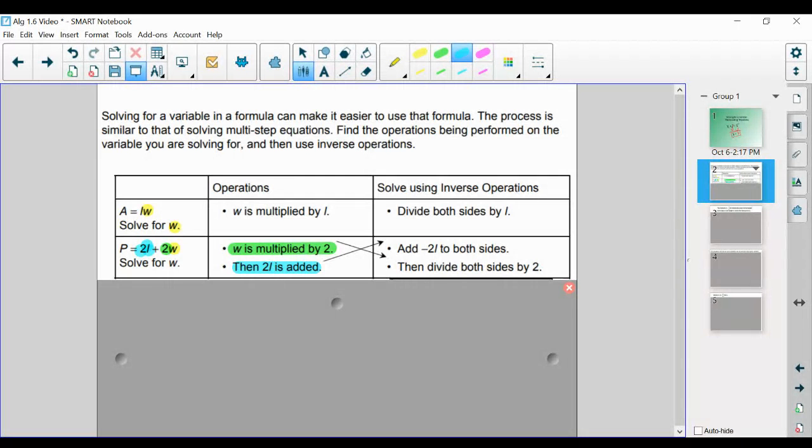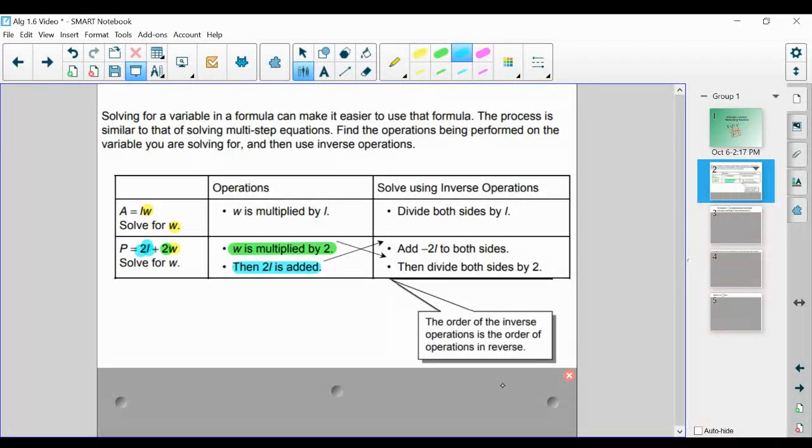So we're going to do the inverse operations. Since 2L is getting added, we're going to subtract 2L, or sometimes you hear referred to adding negative 2L, but we can also just say it's getting subtracted on both sides. And now we have W is currently getting multiplied by 2, so we have to divide both sides by 2.